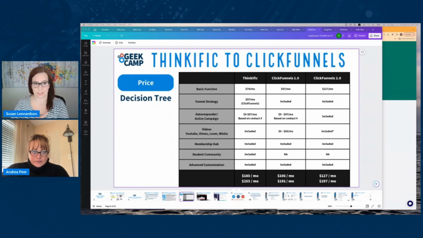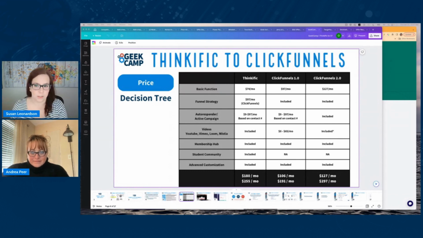Now, this next one's interesting. This is one we just learned about yesterday. So Thinkific now has what they call communities, and it appears to be a built-in community, not an integration, but it's built into Thinkific. And that is kind of a standout feature for them. ClickFunnels can't do that in either.